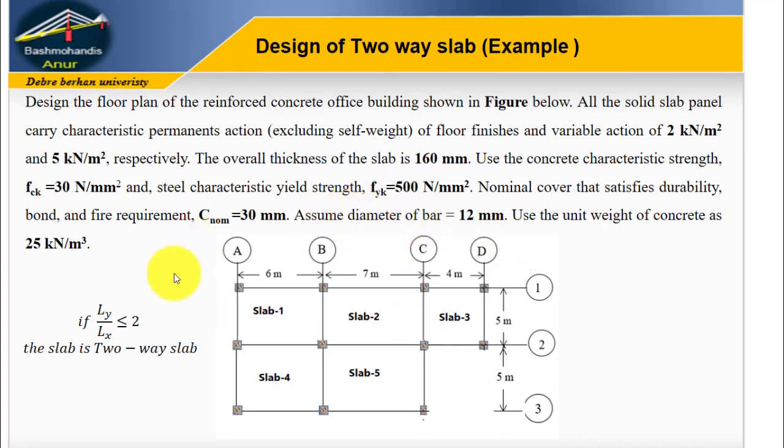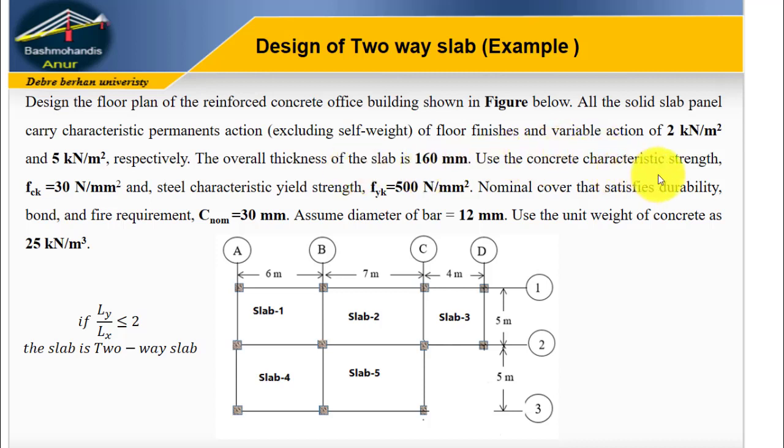Design the floor plan of a reinforced concrete office building shown in the figure below. All the solid slab panels carry characteristic permanent action excluding self-weight and floor finish, and variable action of 2 kN per meter square and 5 kN per meter square respectively. The overall thickness of the slab is 160 millimeter.